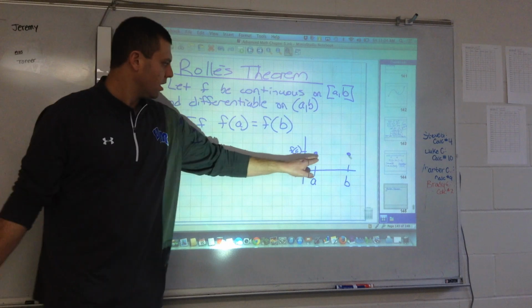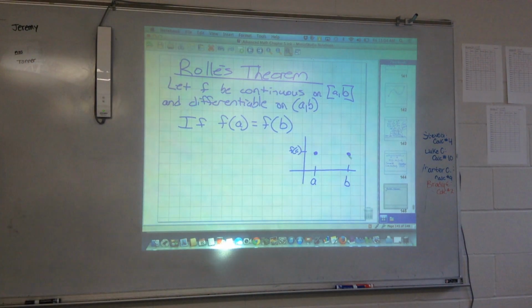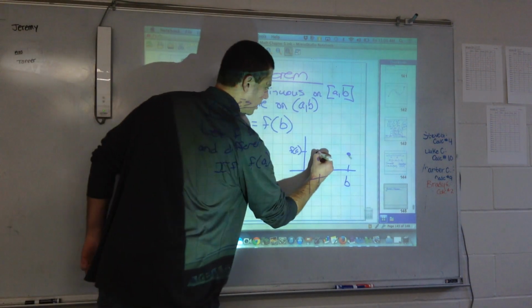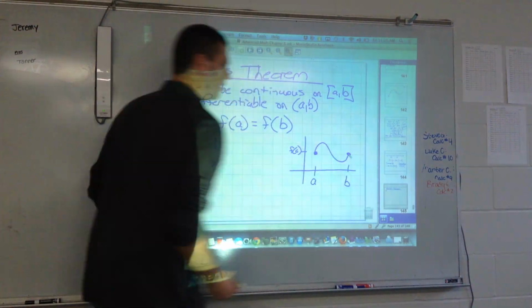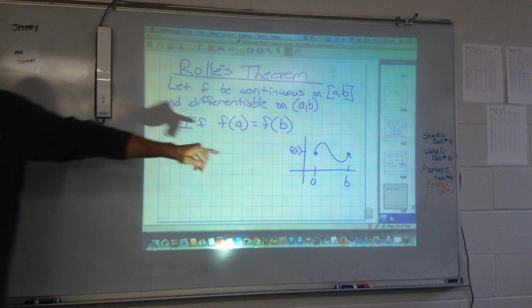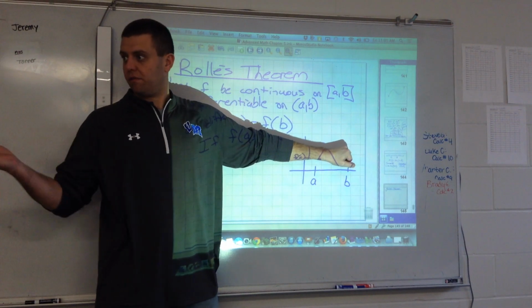So if f of a equals this much and f of b equals the same thing, and I got a continuous function, I'll just draw any continuous function, wouldn't it make sense that at some point between a and b, the derivative would have to equal 0? Guaranteed, right? Even if I had a horizontal line, then everywhere the derivative equals 0.